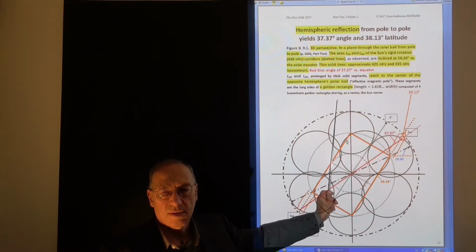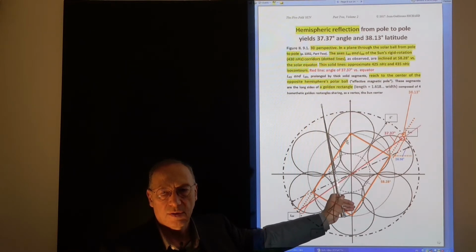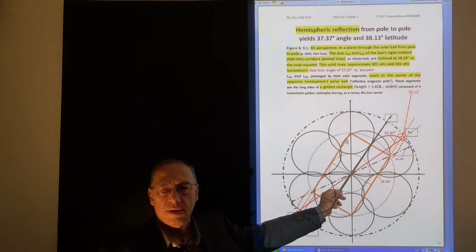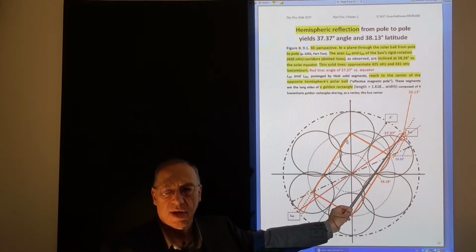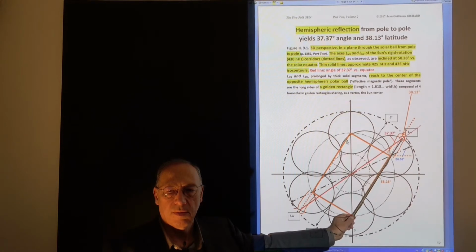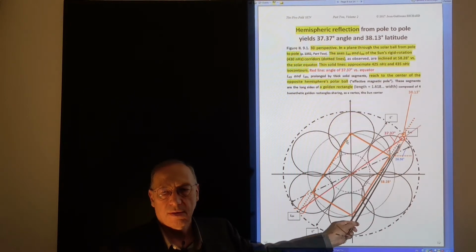These would be containing the polar caps into a cone like this. You recognize this line, and parallel to it you recognize a line which is inclined by the same angle and which goes from the south effective magnetic pole, which we equate with the center of this south polar ball, and goes through the center of this ball in the opposite hemisphere.